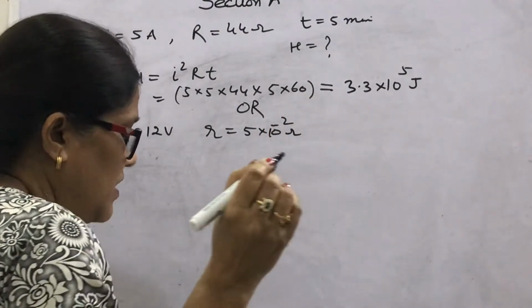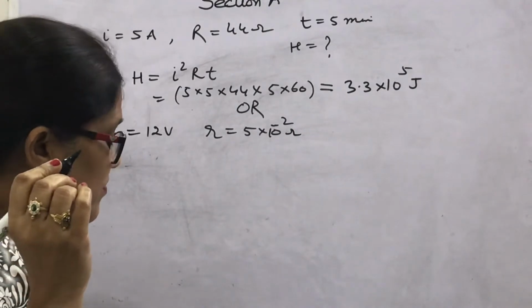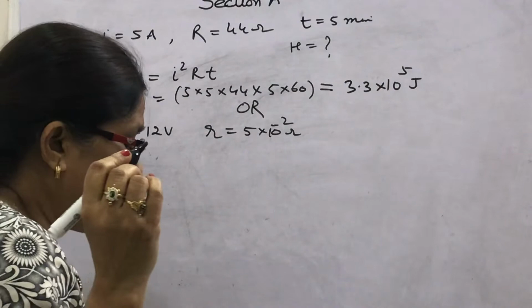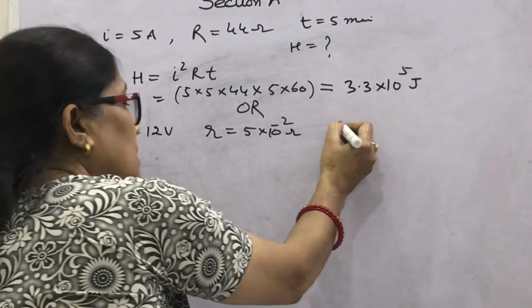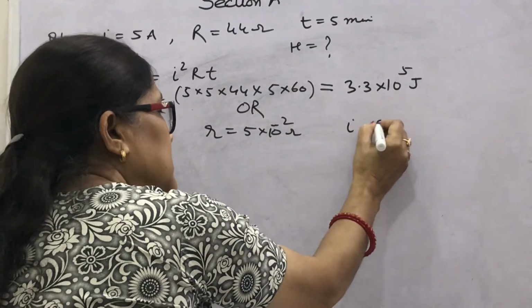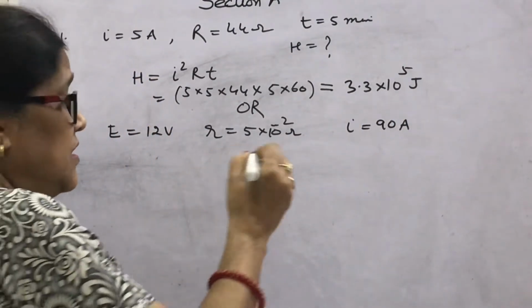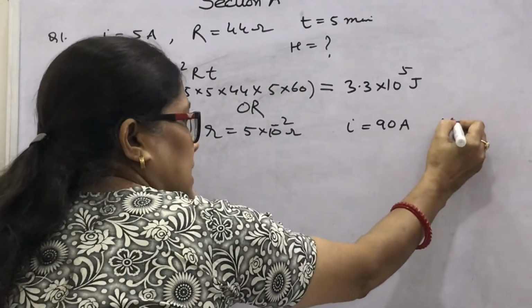The starter motor draws a current of 90 ampere. Find the terminal voltage of the battery when the starter is on. Current drawn is 90 ampere during starting. Then what is the terminal voltage? That is V.